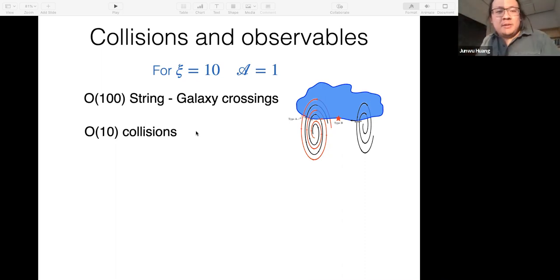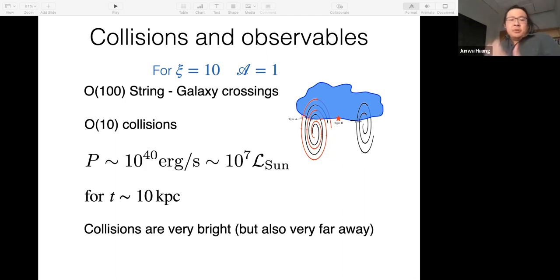So coming back to this, we are talking about collisions of positive and negative charge plasmas, which can happen inside a galaxy cluster or even inside a galaxy. The amount of collisions is of order 10 or even a little bit more, depending on what you assume about the galaxy field configurations. Then we can compute the power. The power is basically the charge density on the string squared, which can go up to 10 to the 40 erg per second, which is 7 orders of magnitude brighter than the solar luminosity.